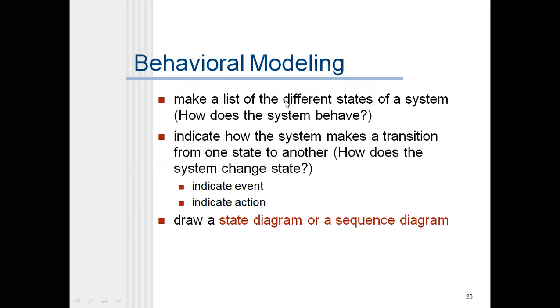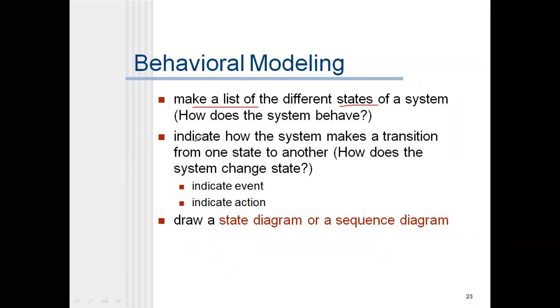Next, the behavior of these state diagrams will be represented in behavioral modeling. So what is the first step here? Make a list of the different states of a system. How does the system behave? First of all, you need to make a list of different states, which means a list of different actions which you need to perform within that particular project.